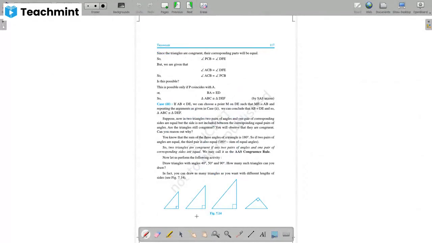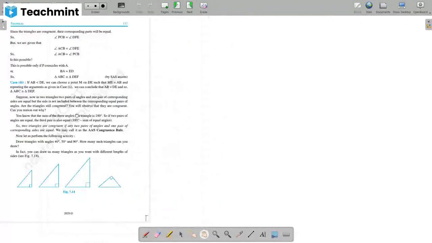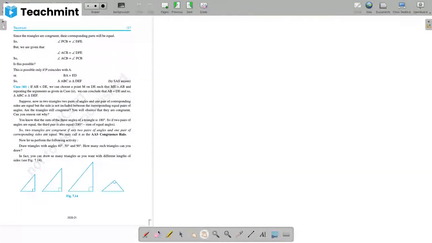Now see, in this criteria we are given two angles and one side included between these two angles. But what if we have this case? Here we have drawn four different triangles.